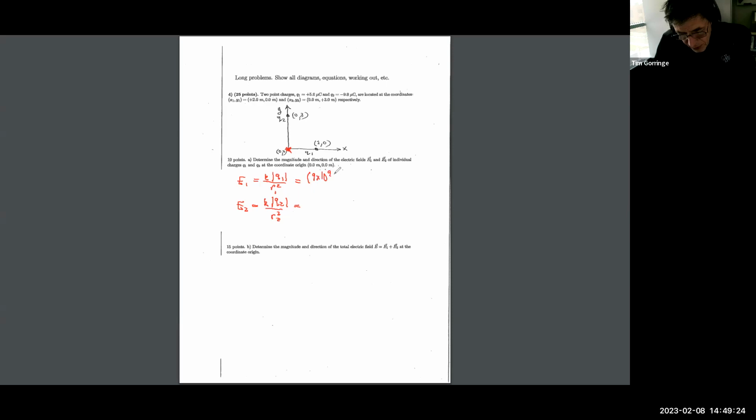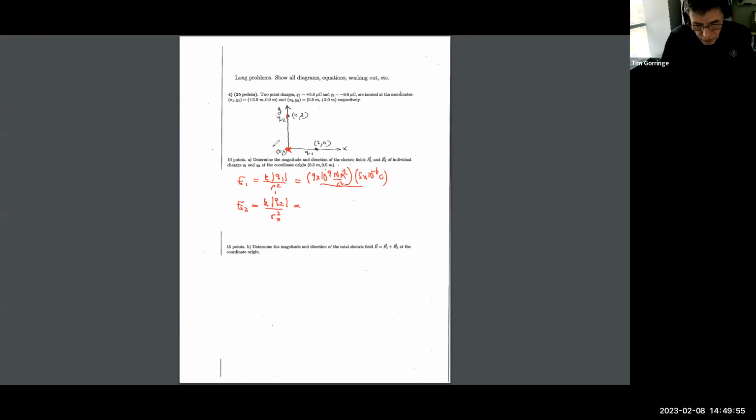9 times 10 to the 9 newton meters squared per coulomb squared. That's the Coulomb constant. The magnitude of charge number 1 is 5 microcoulombs, 5 times 10 to the minus 6 coulombs. And the distance from the field point to this charge is this horizontal distance here, so it's 2 meters.